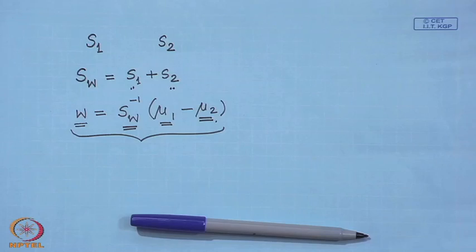So, to solve this problem, what Fisher linear discriminator does is, it tries to find out a projection space which maximizes the separation between different classes, and at the same time it tries to form compact clusters of the feature vectors belonging to individual classes. So, what happens if I have 2 point clouds belonging to 2 different classes?